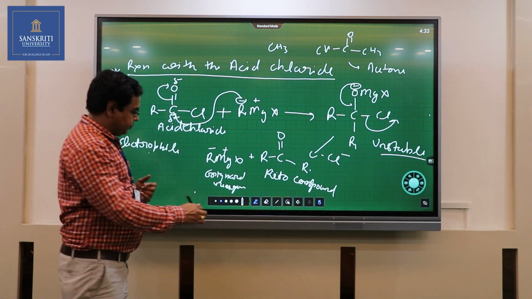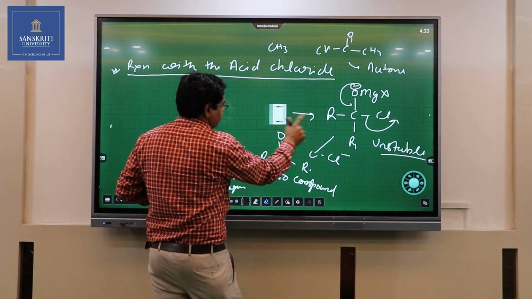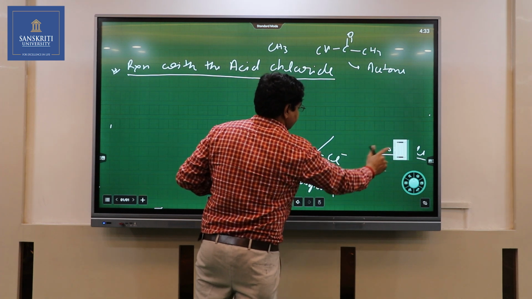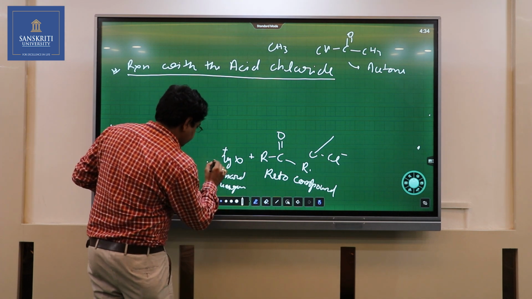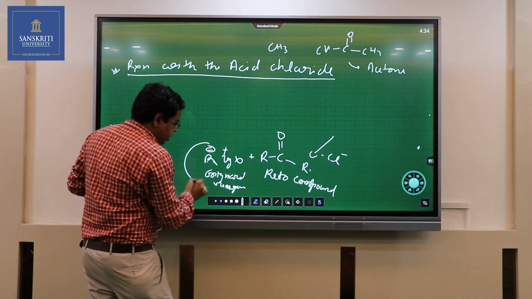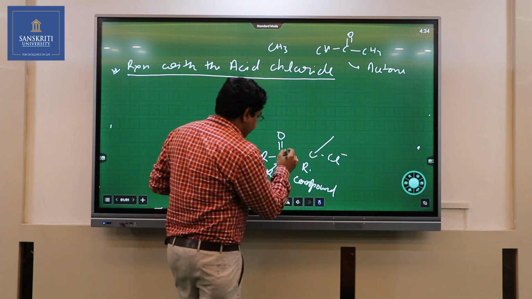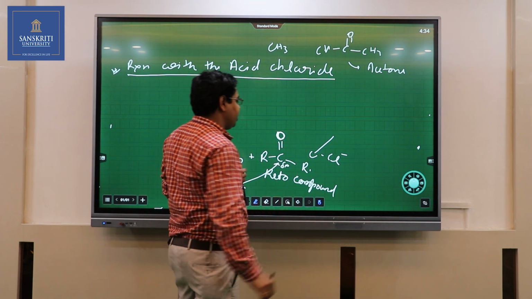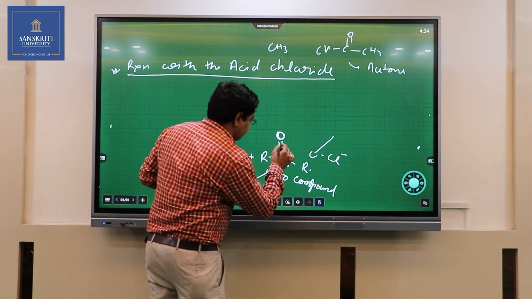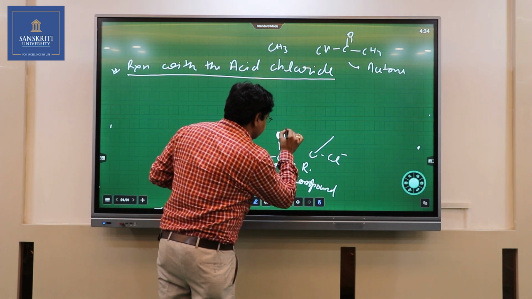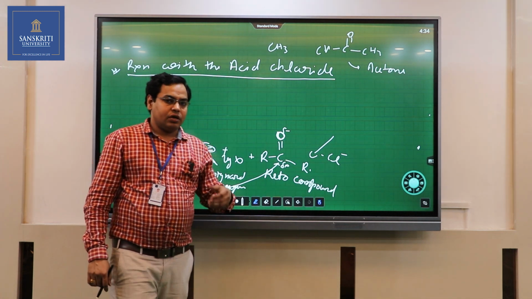The alkyl group attacks the carbon atom, which has a partial positive charge because of the electronegativity difference between the oxygen and carbon atoms. The oxygen occupies a negative charge because the oxygen atom is more electronegative than the carbon atom.